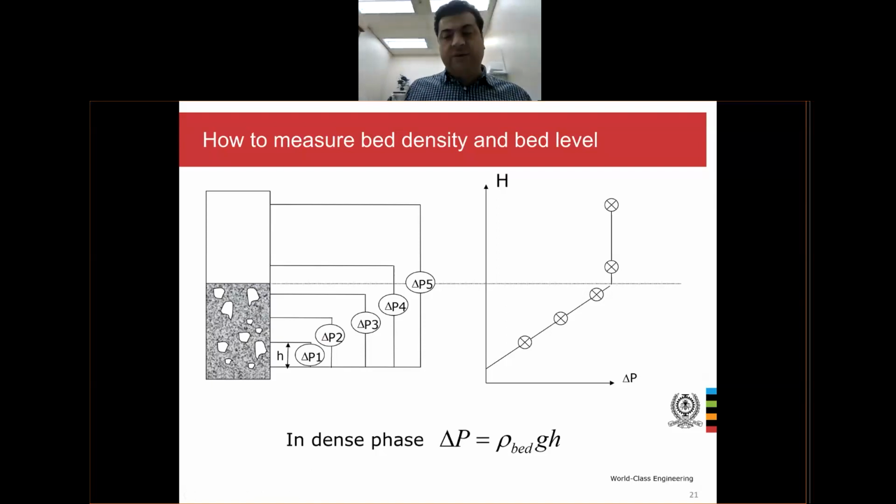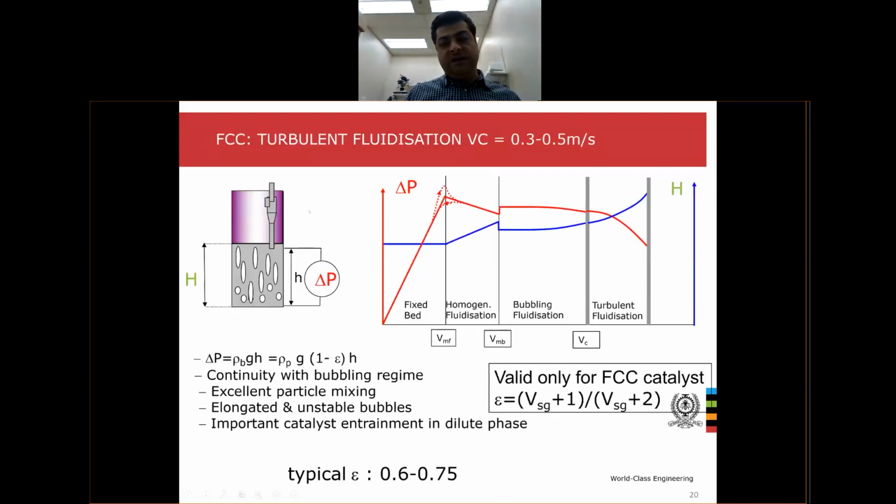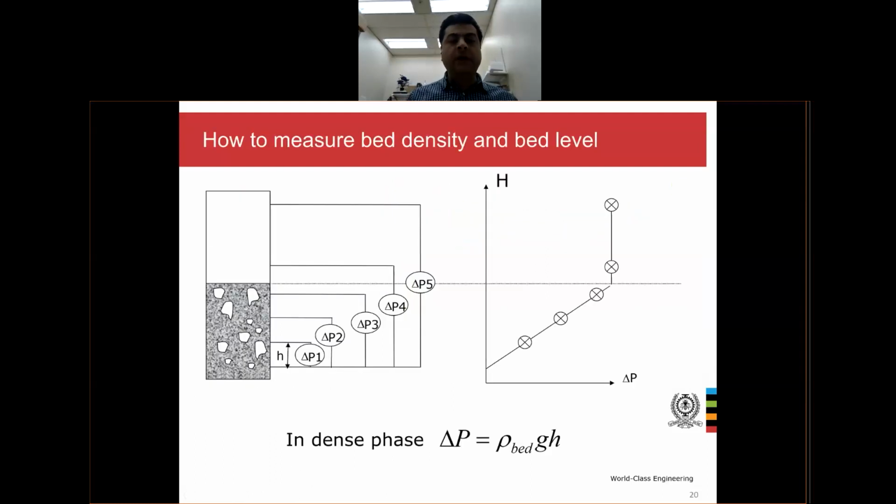Okay, I hope you could get an idea about the characteristics of fluidization versus gas velocity, and how the delta P of the bed and the height of the bed change by just increasing the gas velocity.